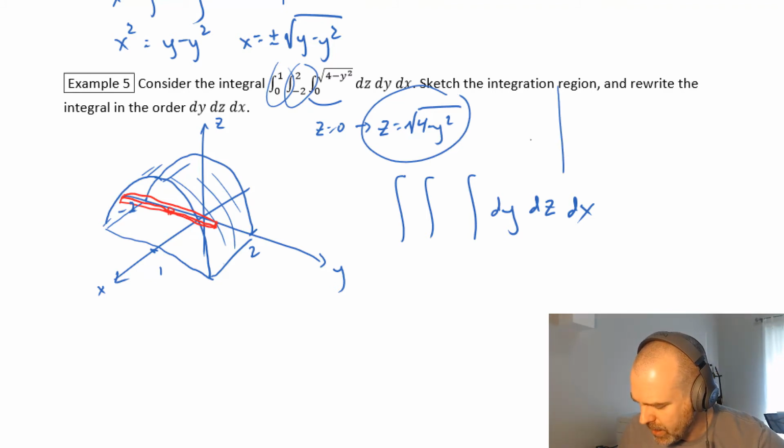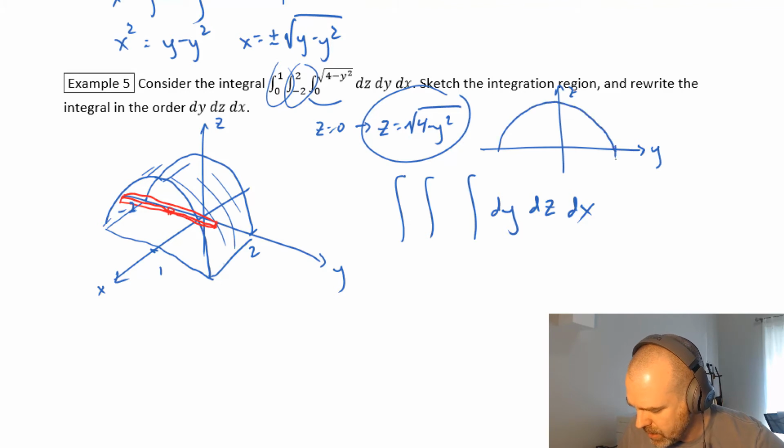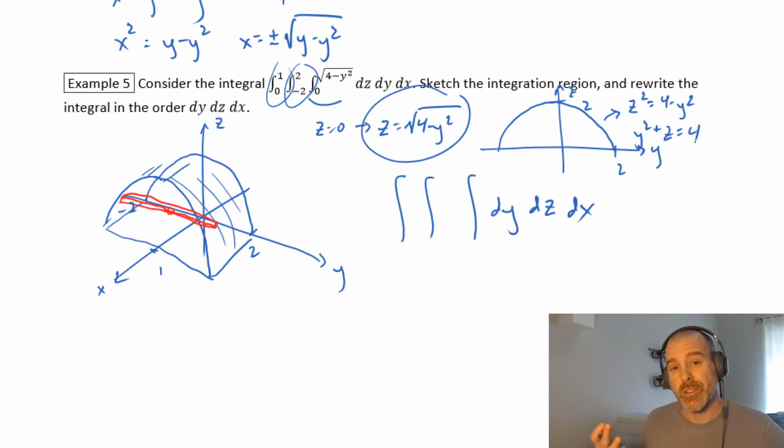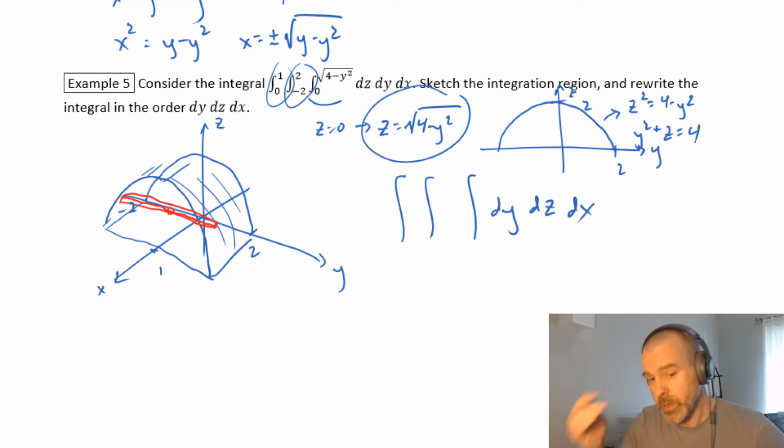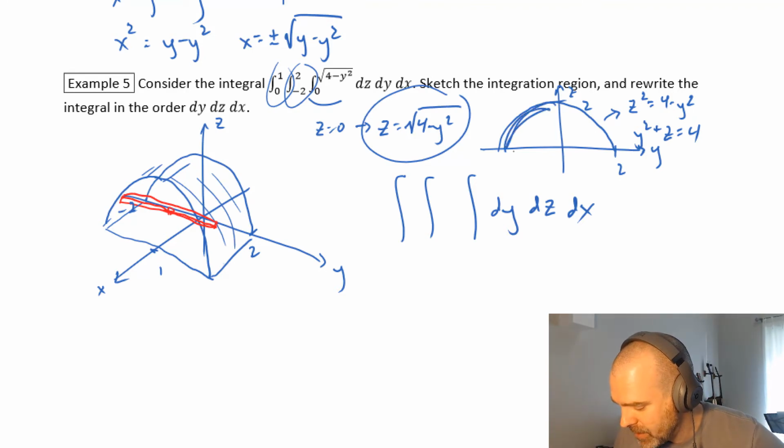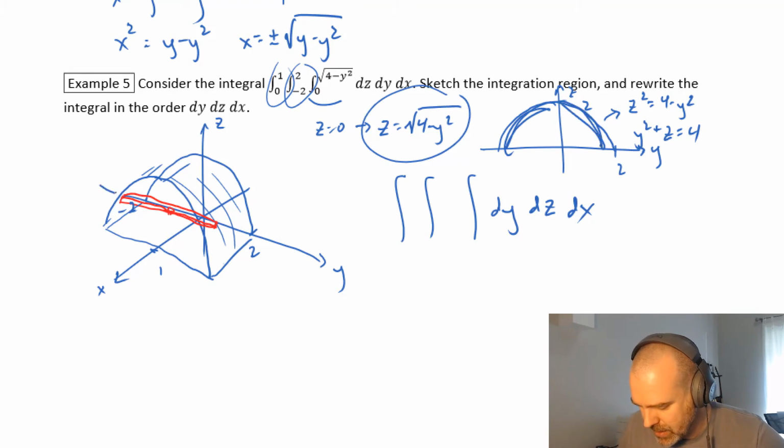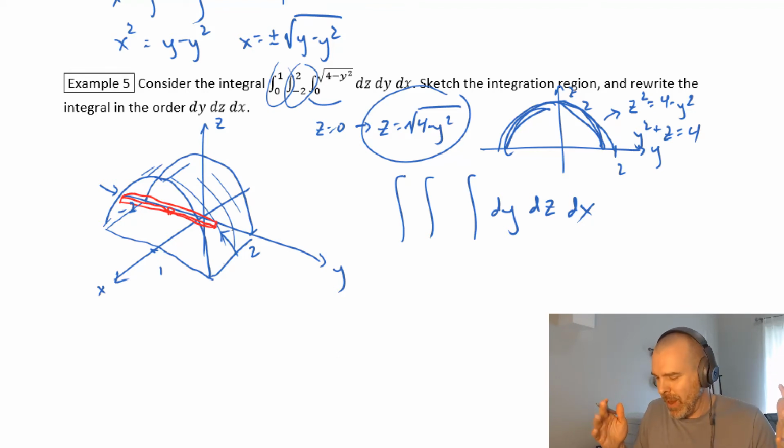If we look at that in the yz plane, just looking at it from the side, 2 and 2. If we square both sides, we get z squared equals 4 minus y squared, or y squared plus z squared equals 4. That's the circle of radius 2. Now that's the full circle. We're just looking at the top half. But now I need the left side and the right side. That's this left side, and this is the right side.